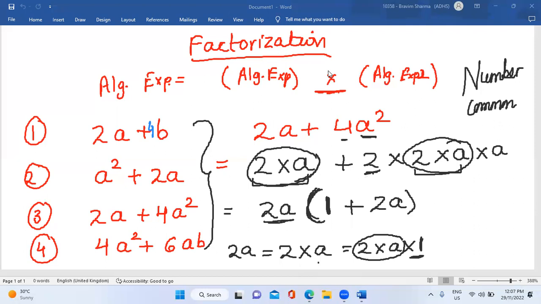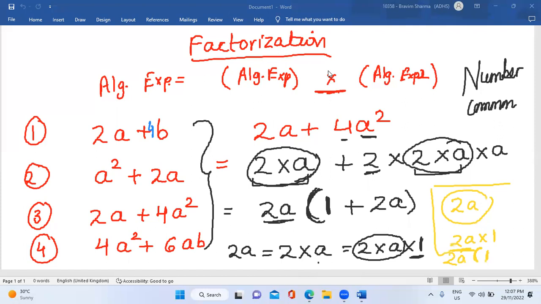I again repeat, this is a very important point. When you have a term and you take this whole term common, understand it like it is 2a multiplied by 1. So when you take this whole term 2a outside, what will be left inside will be 1. Never write it 0 or never remove this one.